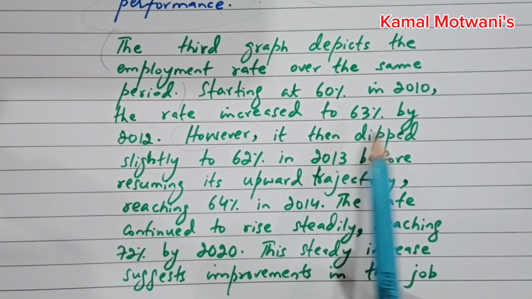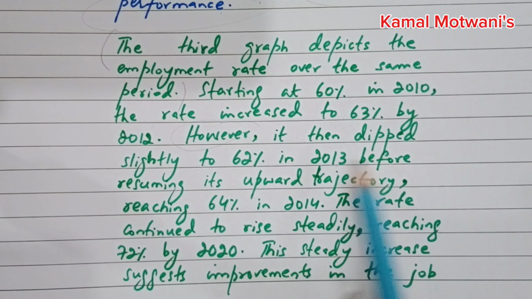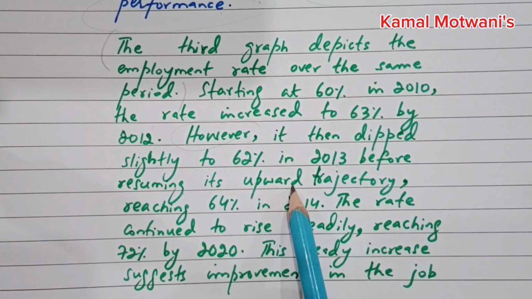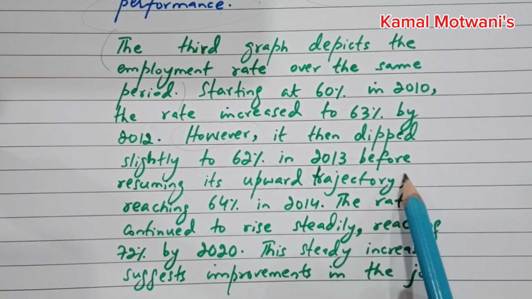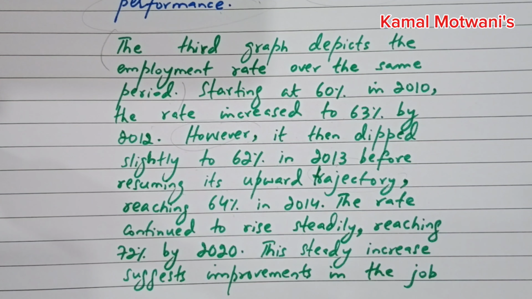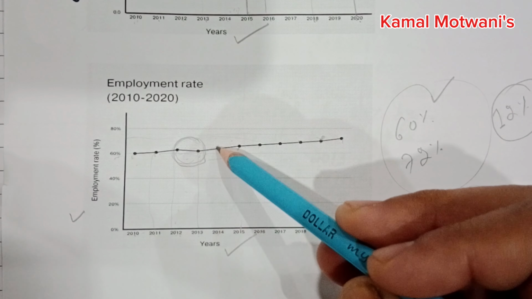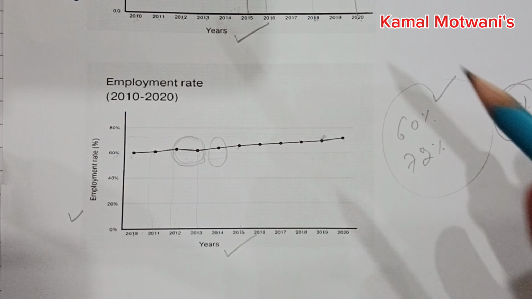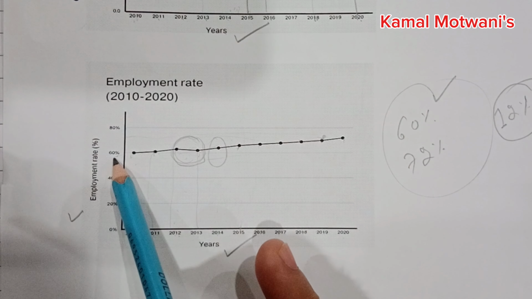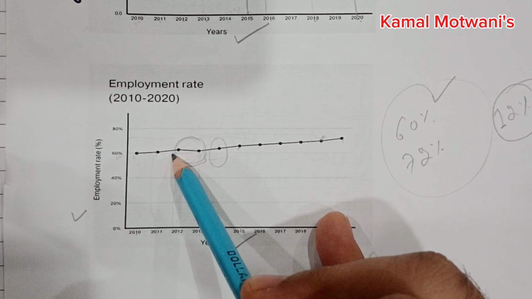However, it then dipped slightly to 62% in 2013 before resuming its upward trajectory. Trajectory means path or route, reaching 64% in 2014. In 2014, it reaches 64%, meaning from 60% to 61% to 63%.